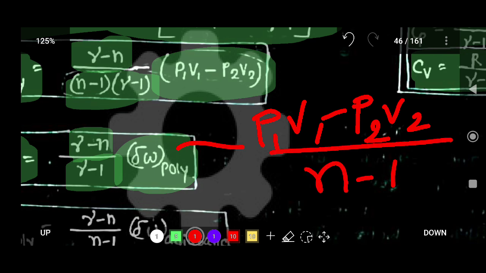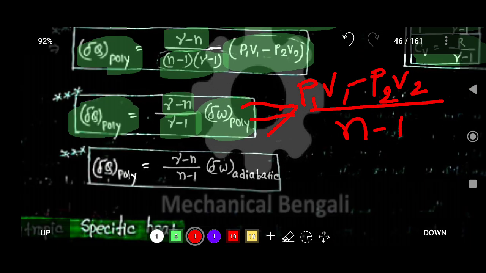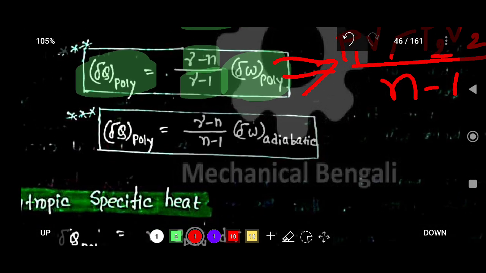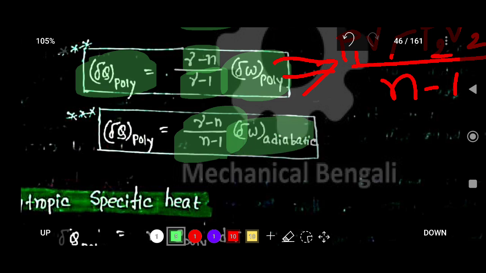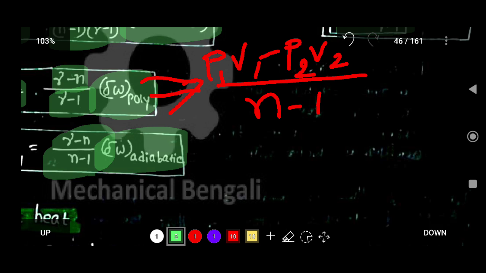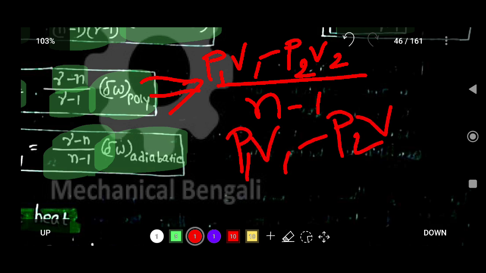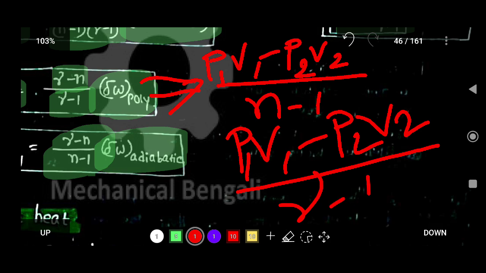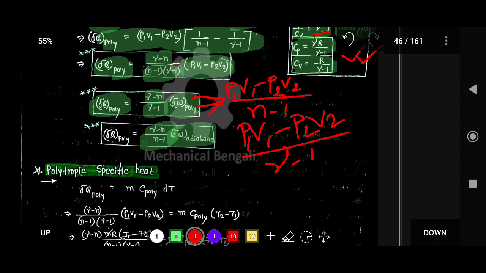From here you can get del Q poly equals gamma minus n upon n minus 1 into del W adiabatic, where del W adiabatic is P1 V1 minus P2 V2 upon gamma minus 1. Okay, so this is the formula, very very important.